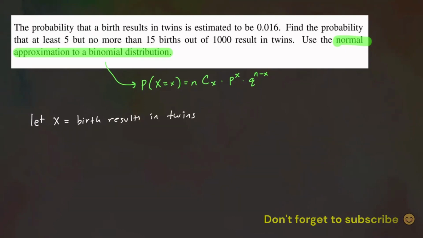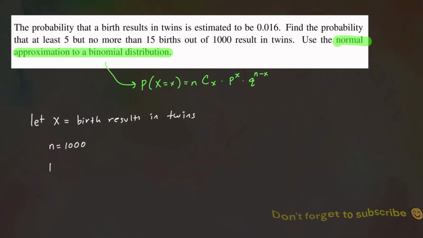So 1,000 is going to represent your n value for the binomial. And the probability that the birth will result in twins is 0.016, which is given to us right here. That is the probability of success of this event x.